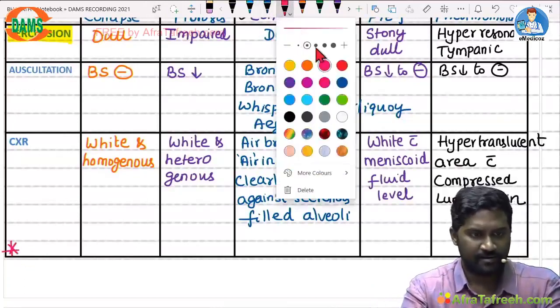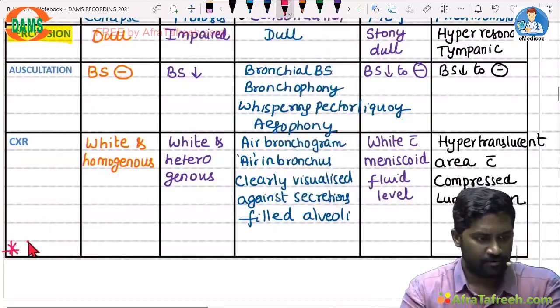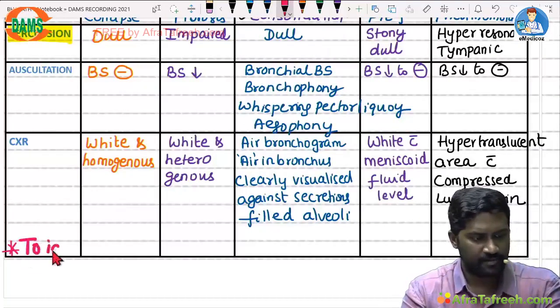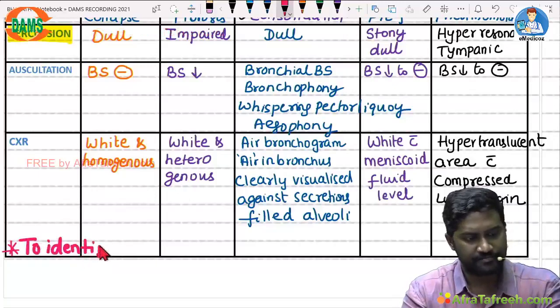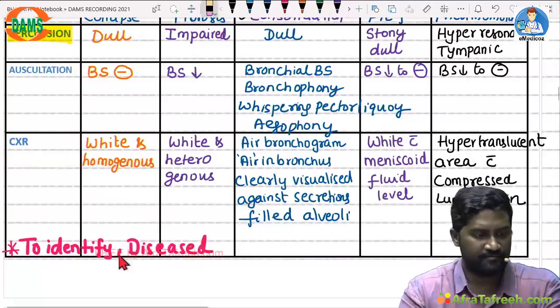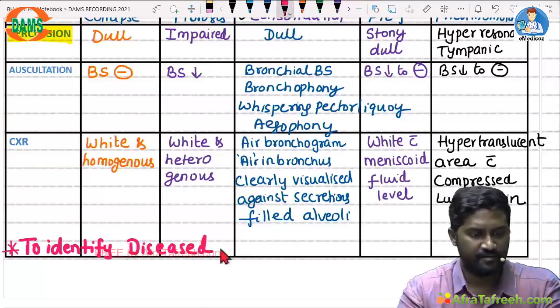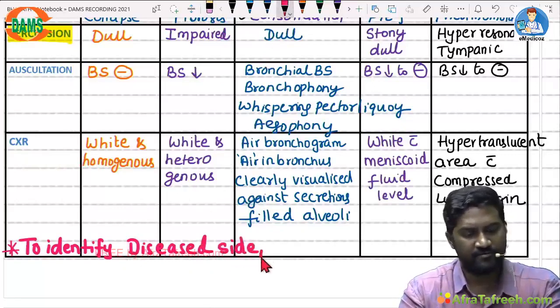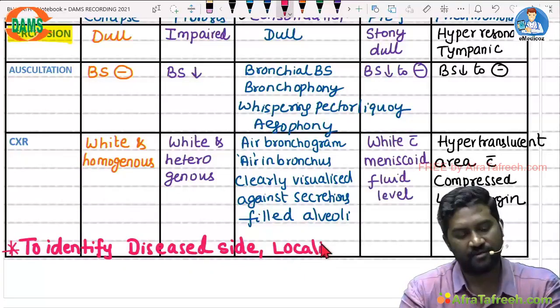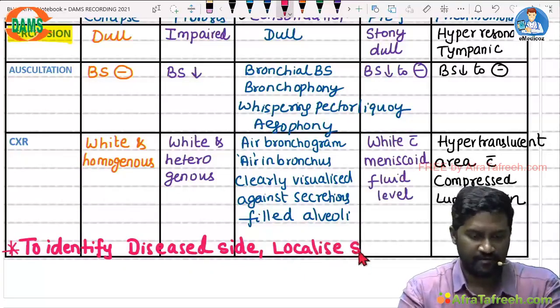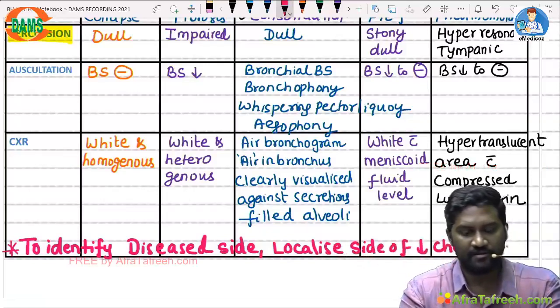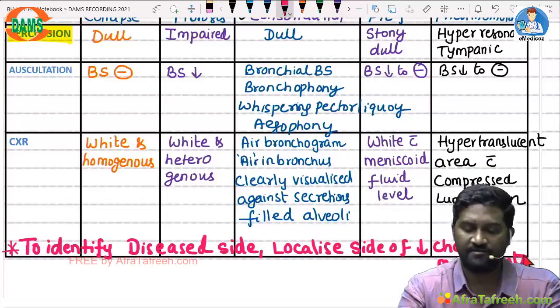And also it's bold. So to identify diseased side, always localize side of diminished chest movements.